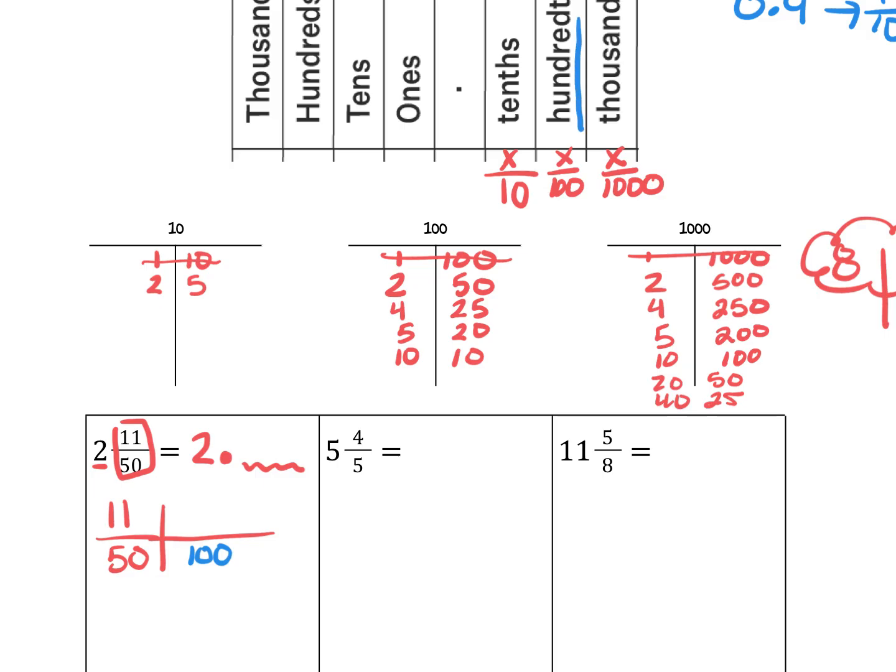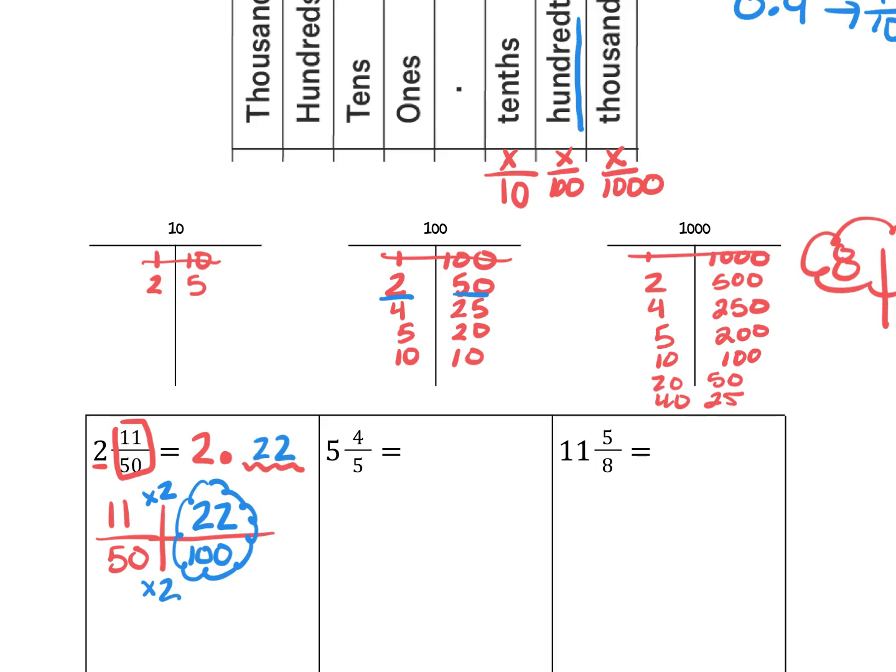So I'm going to do 50 times 2 is my other factor. Times 2, times 2. 11 times 2 is 22. So I have 22 hundredths. Since I know that it's 22 out of 100, I can write that as my place value, 22 hundredths, 0.22. I know that I should have 2 digits because it goes up to the hundredths, so it'll be 2, 2 here.